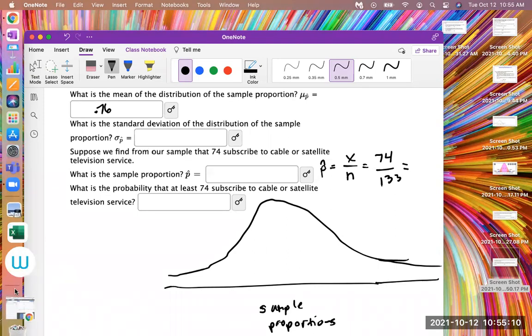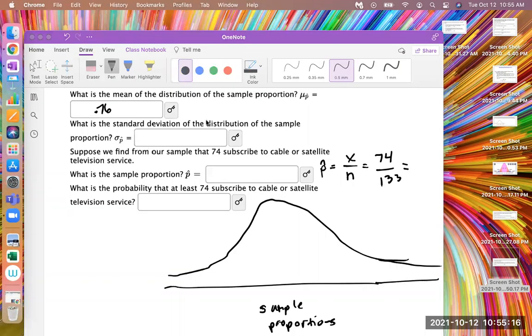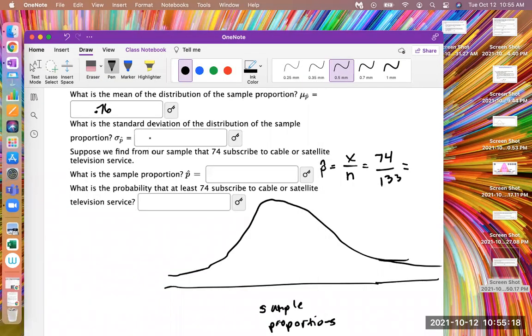So let's look back. What was the sample proportion? It's 0.556, so I'm going to use that. That's the number along the x-axis here. So 74 subscribers would be a proportion of 0.556 that have cable or satellite.